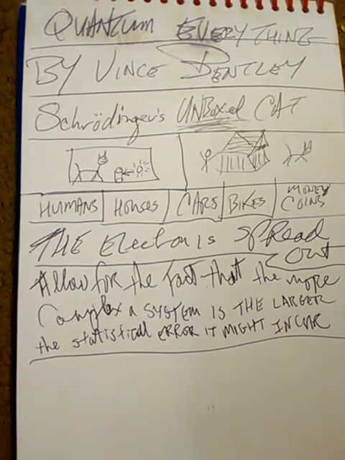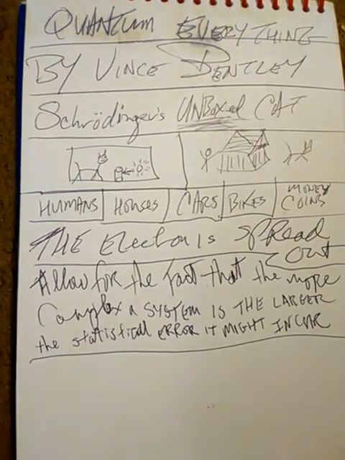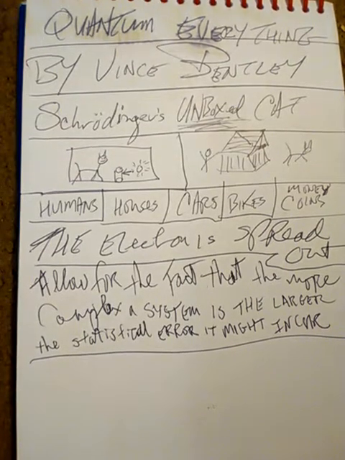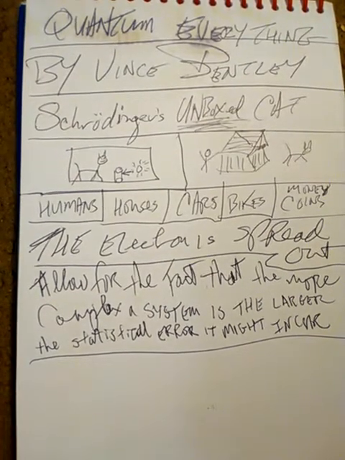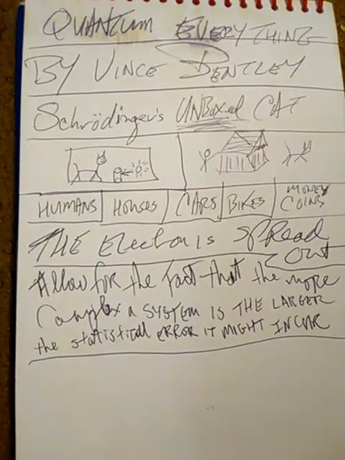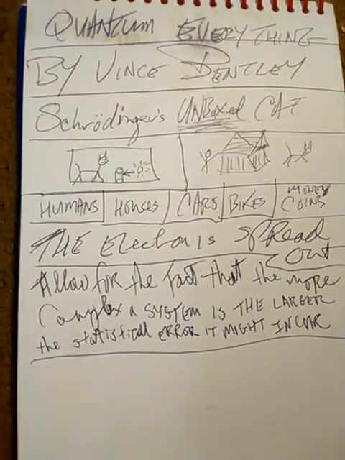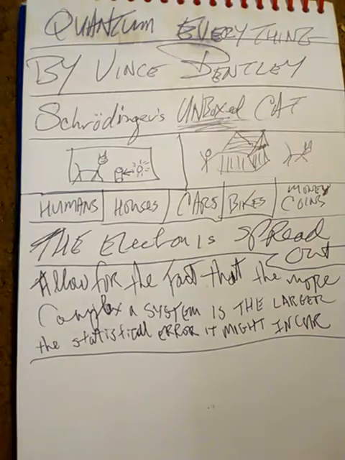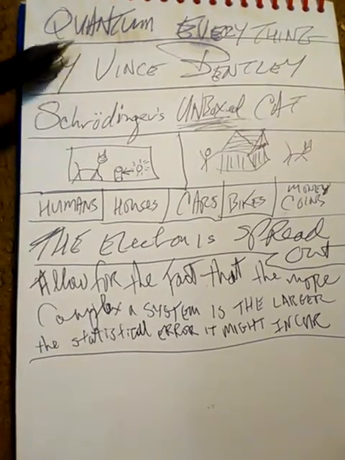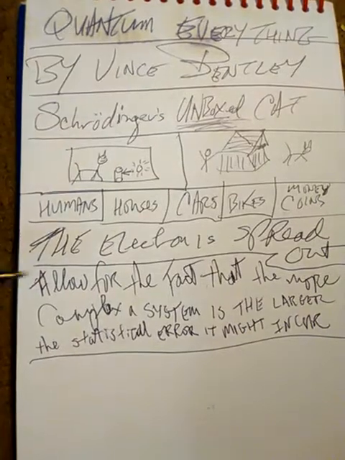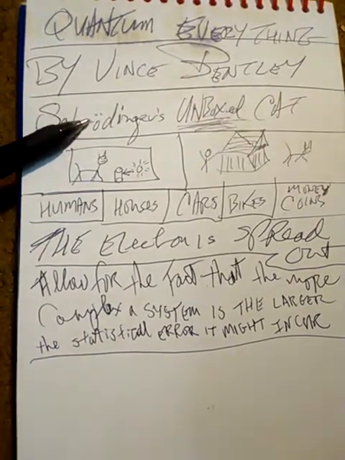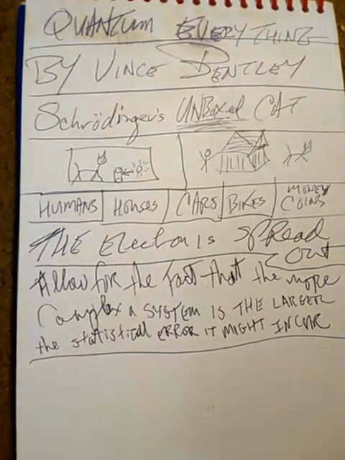Quantized things have been in our view since almost the beginning of time, in human perception. We didn't have to create quantum mechanics in order to understand quantized entities. So I call it quantum everything because, well, let's just take Schrodinger's cat, which is one of the classic examples of quantum mechanics.